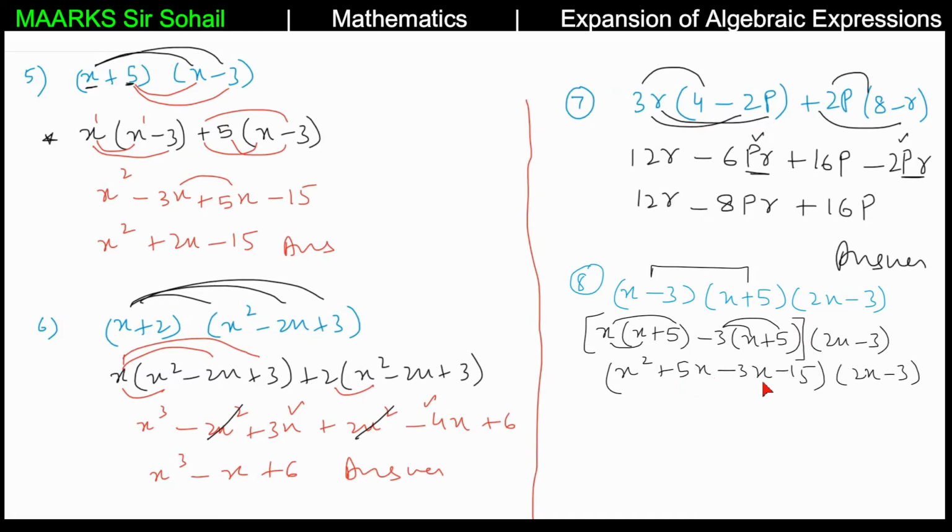You can see here 5x minus 3x can be simplified. X square and minus 15 are individual terms here, so we can write them as they are. So I'll be writing x square plus 5x minus 3x is 2x and minus 15 and then the third bracket as it is. So now these two brackets are simplified to this.